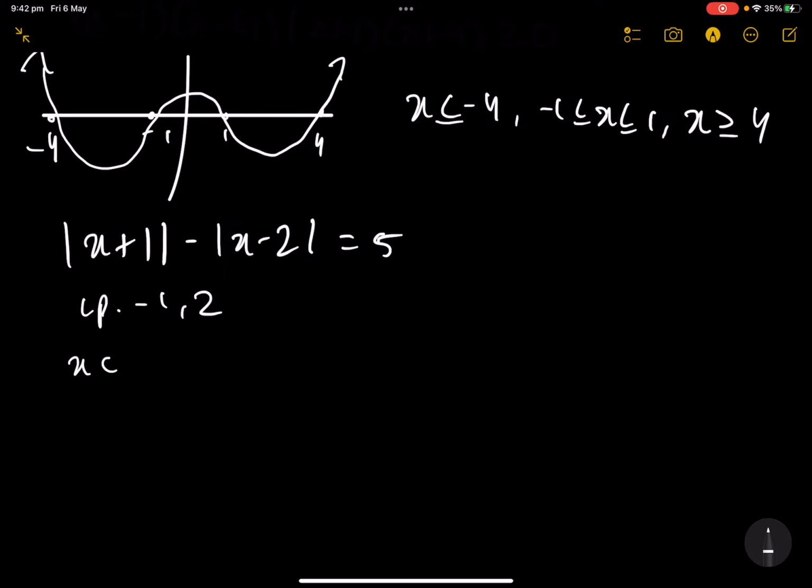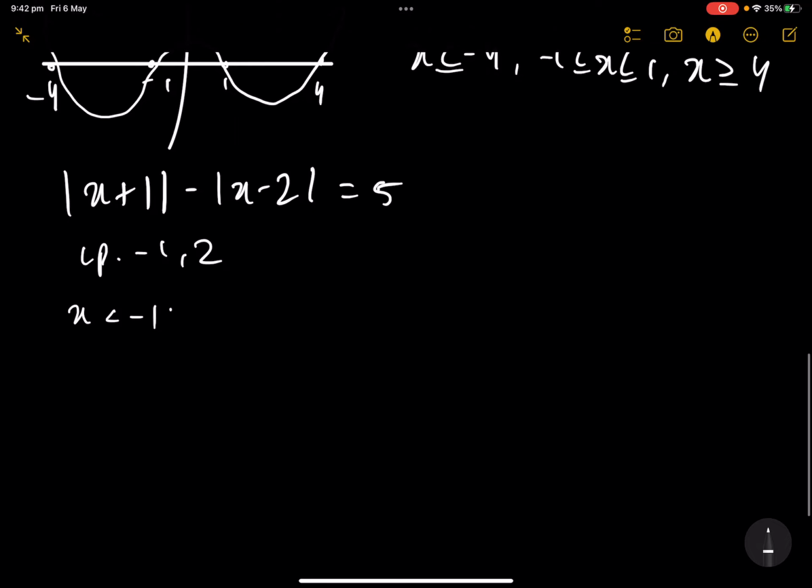So we'll say x is less than, not equal to, -1. We do that for the other domains. In this domain, x plus 1 is always negative, so -x -1, minus, x minus 2 is also negative, so just make this positive, x minus 2, that's equal to 5.